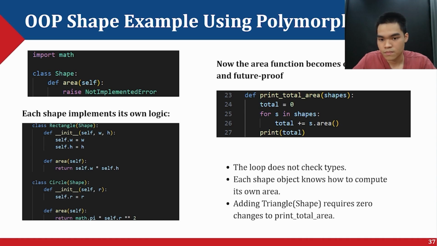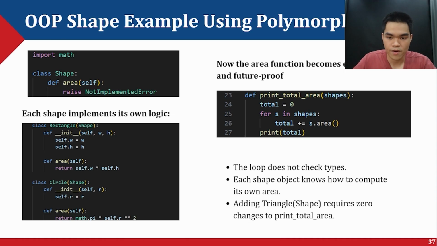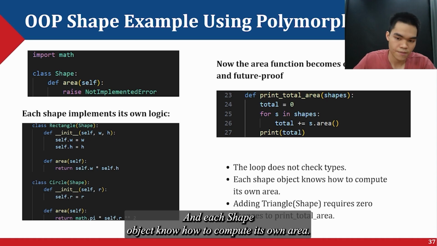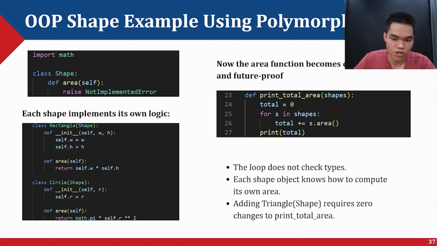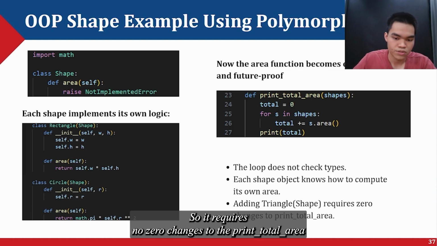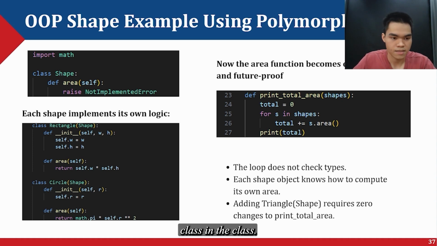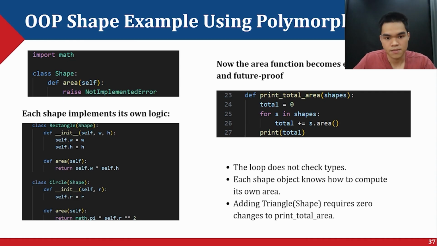As you can see right here, we compute the total area, and the loop does not check types, and each shape object knows how to compute its own area. Furthermore, if you want to add another shape like a triangle, it requires zero changes to the print total area function. You can just add another child class to the parent class.